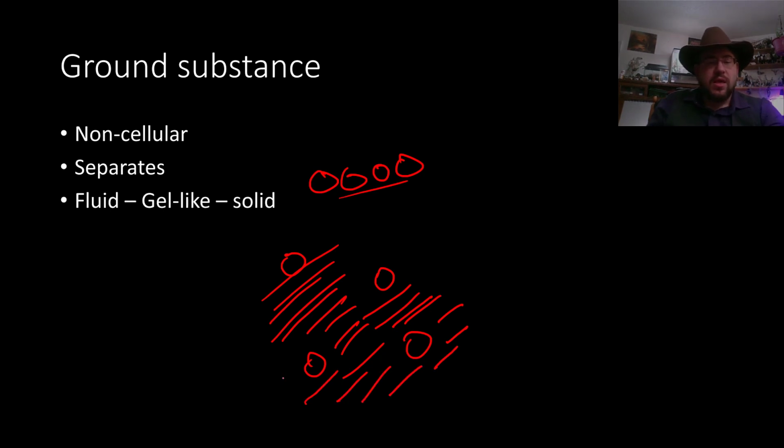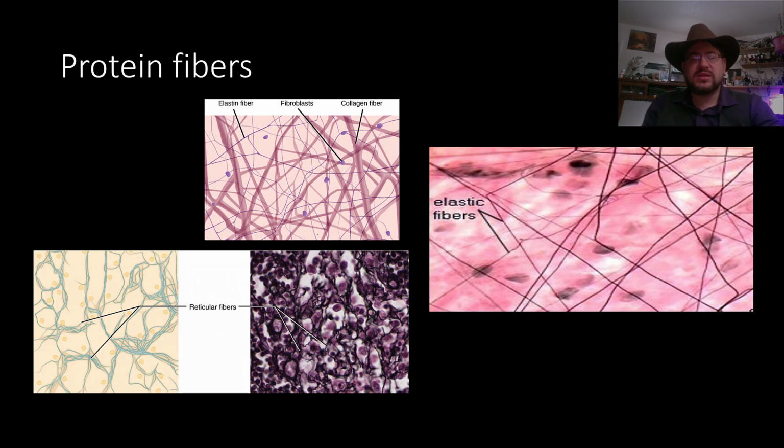Like I said, fluid, jelly-like, solid. And then let's talk about the different type of protein fibers we have. So, not only do we have the ground substance, we have protein fibers. And there are three basic classes.